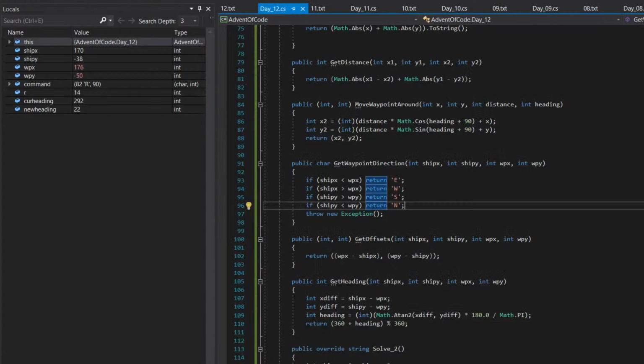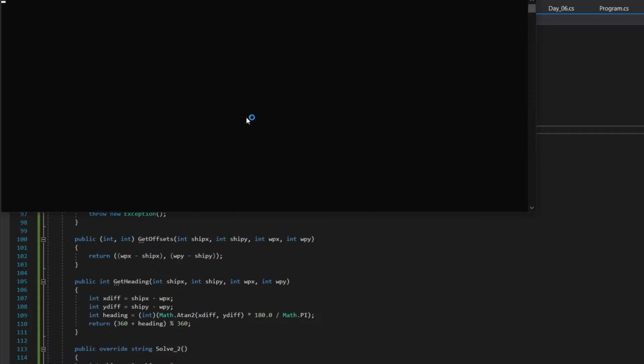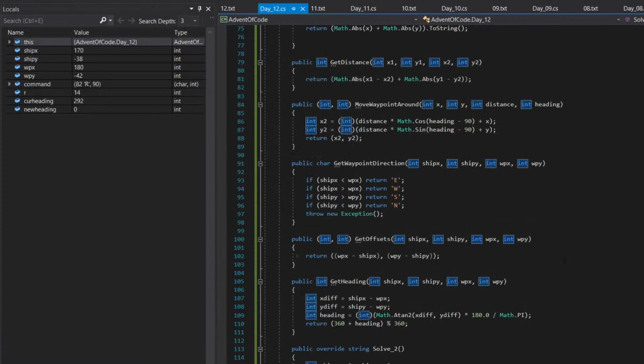10 units south would be positive, right? 118.42.